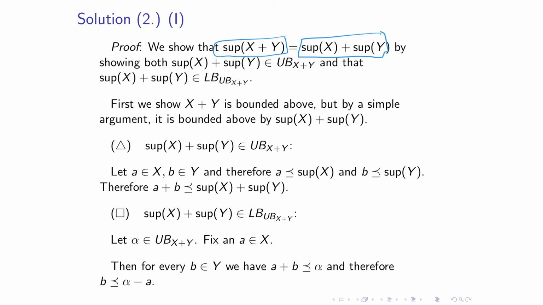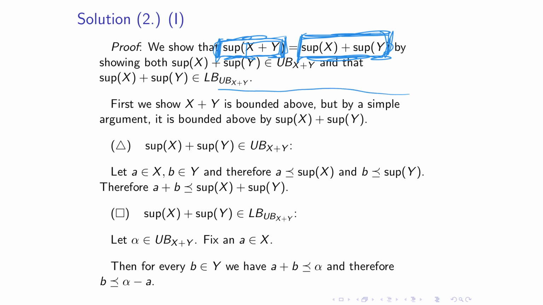We ought to take the thing that is a sup of some given set and show that whatever is on the other side of the equation has the properties of being the sup of that set. So we're going to take sup x plus sup y and show that it is an upper bound on the set x plus y, and that it is a lower bound on the set of upper bounds of x plus y. Okay.